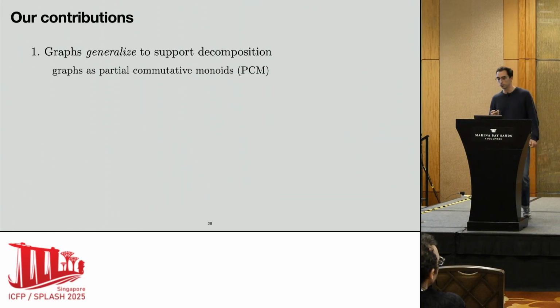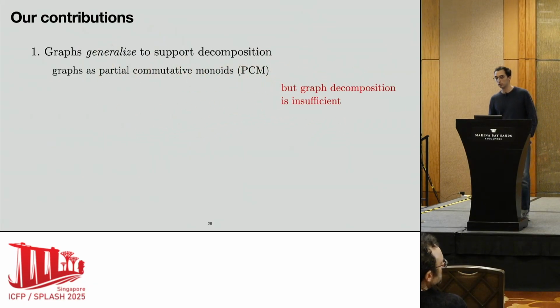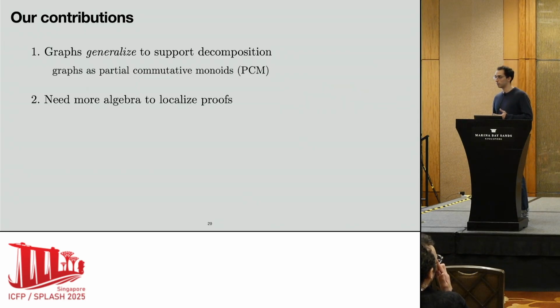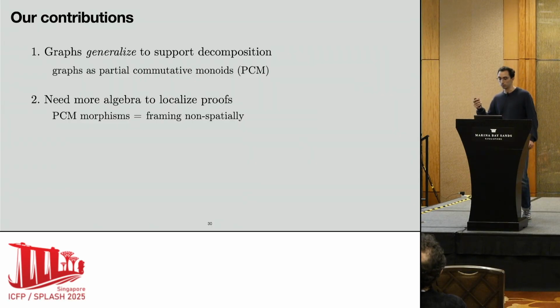Our contributions begin by observing that graphs do generalize to support decomposition if we define them as partial commutative monoids. However, this is not enough. There will be cases where we'll need more algebra to localize the proofs. For that, we will introduce PCM morphisms, which will play an analogous role to framing, but at the non-spatial level.